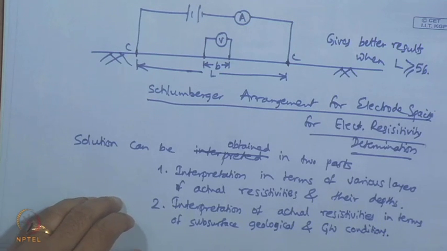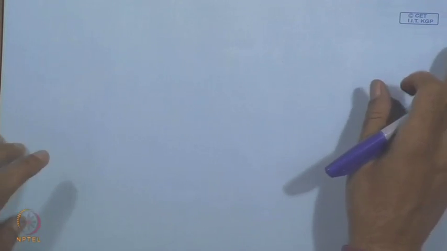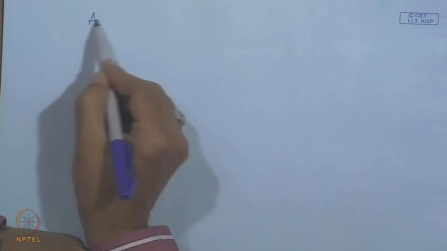And here one thing I need to mention, in the case of the Wenner arrangement, there is what is called the apparent resistivity.